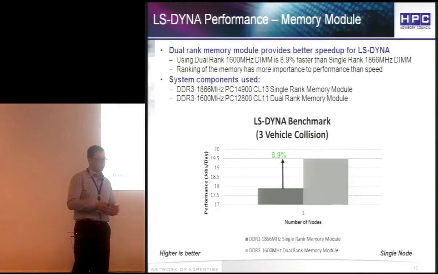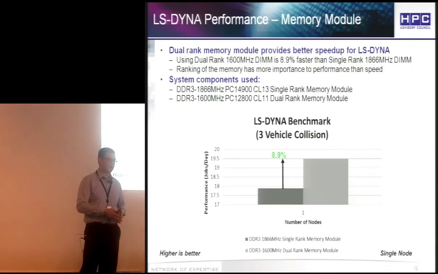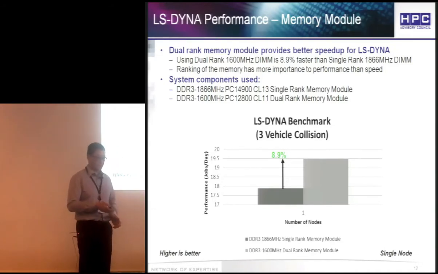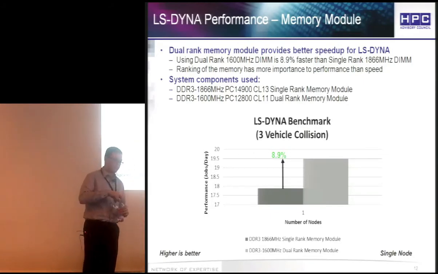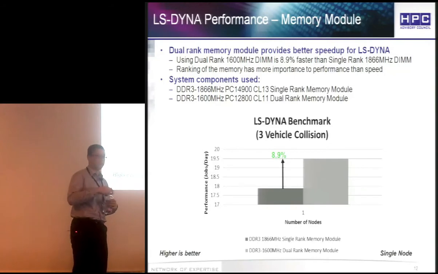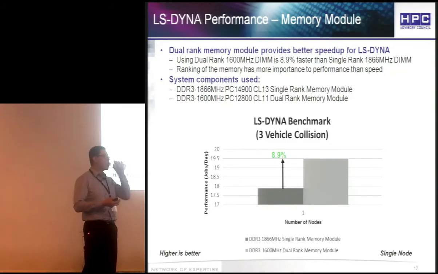What we have found is that single rank memory with the slightly faster rate, 1866 megahertz, shows less performance than the dual rank. This is interesting to show, and I only did it on one of the nodes.